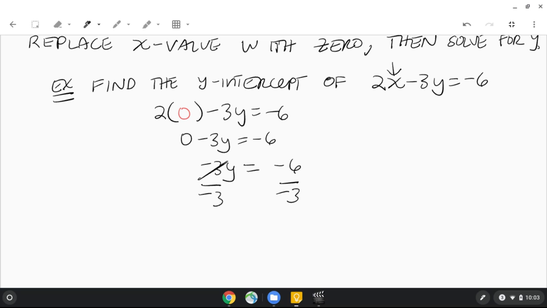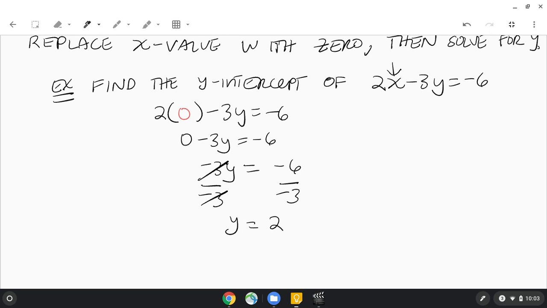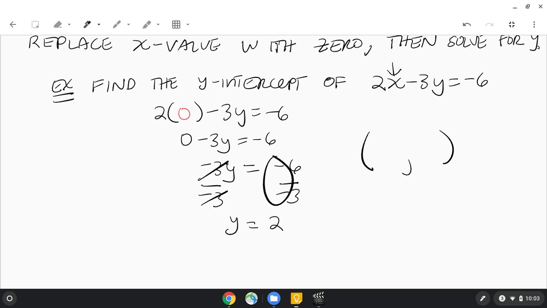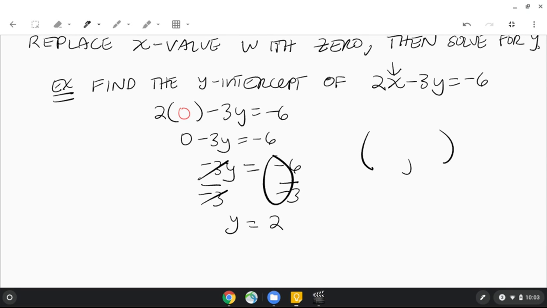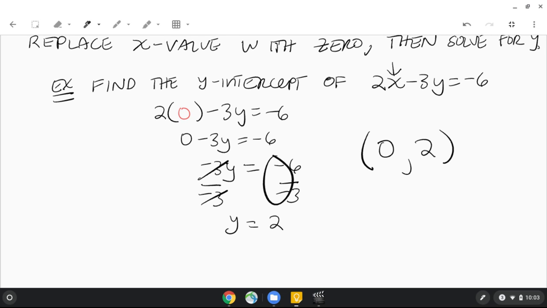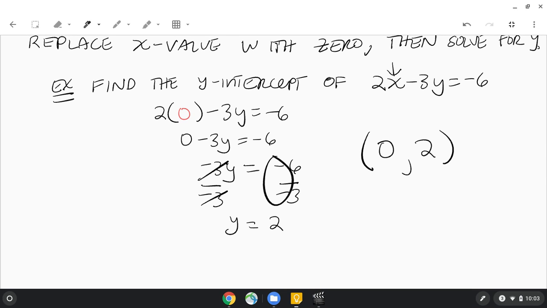So we get y equals +2 because we have that double negative right there. Double negative gives you positive. So our answer will look like this. The x value goes first, and the x is always 0 for the intercept. And we get 2 for the y value. So that's how you find intercepts.